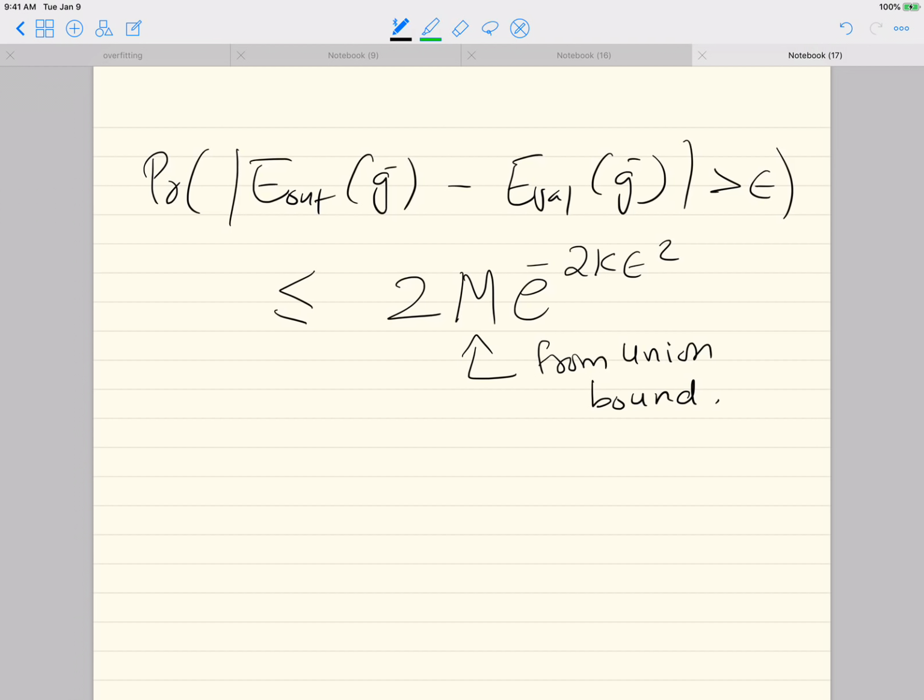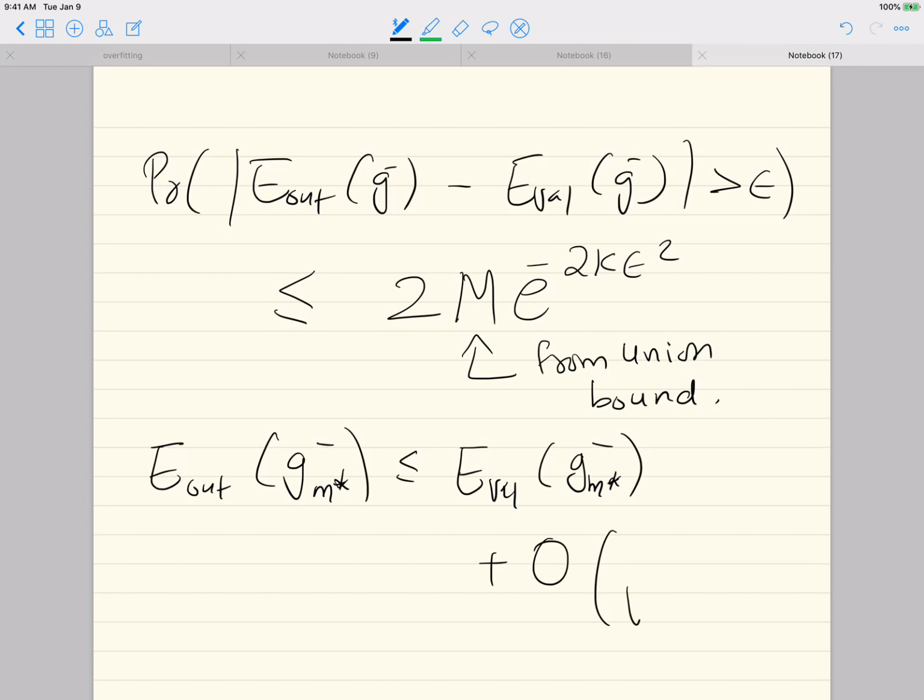So what we get is E out of GM star minus is less than E val of GM star minus plus a constant that will decrease as log M by K. So instead of just 1 over K, we have log of M over K, where M is the number of different hypothesis classes that we had.